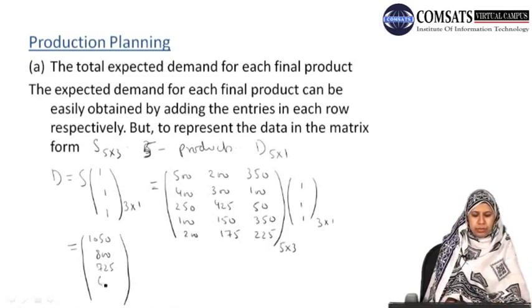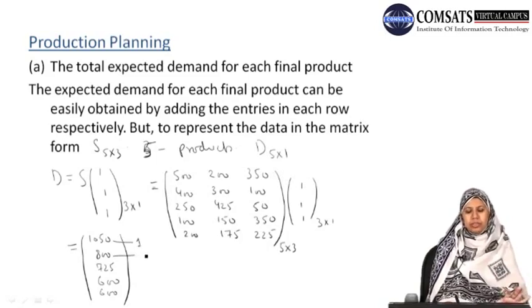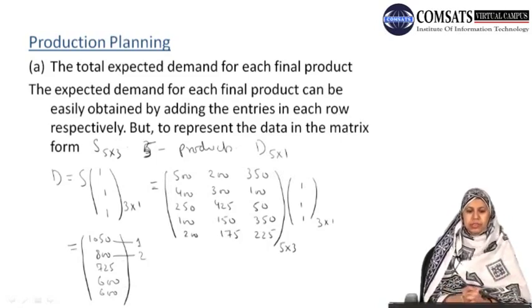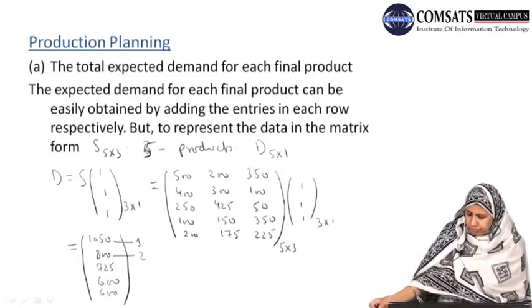We obtained the 4th row as 600 and the 5th row also as 600, where 1050, the entry in row 1, tells us the expected demand for product 1. The second row tells us the expected demand in all the 3 regions for product 2, and so on. So this is the matrix D representing the total expected demand of the 5 products in 3 regions.